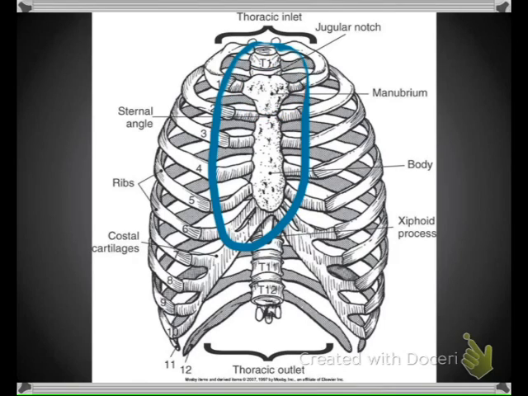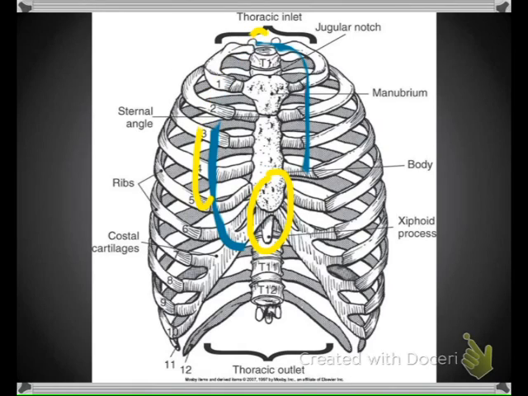And then after the manubrium, we have the sternal angle. After the sternal angle, we have the sternal body. And then after the sternal body, we have the xiphoid process, which is here.